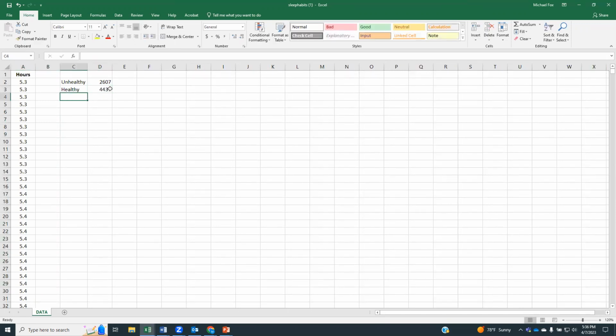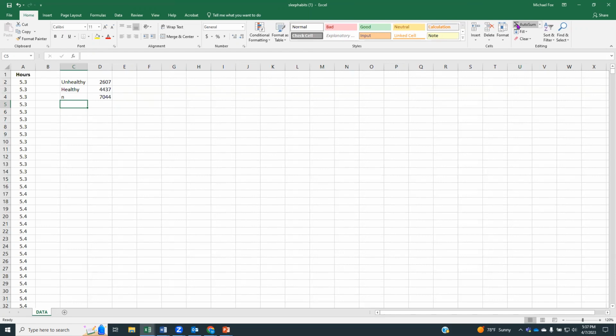So my total sample size, which I'm going to label n, is just my unhealthy plus my healthy. There were 7,044 people in this sample, 2,607 reported sleep of under 7 hours, and 4,437 reported sleep of greater than 7 hours.